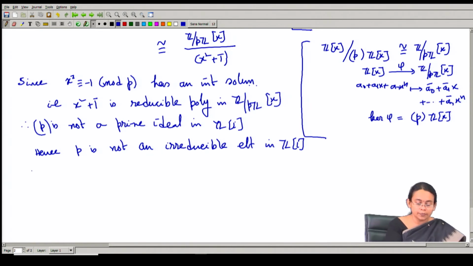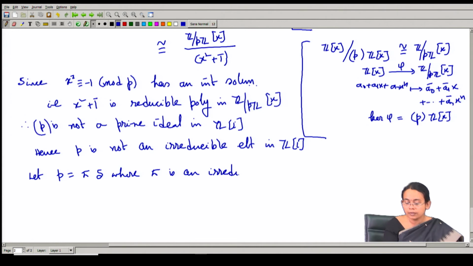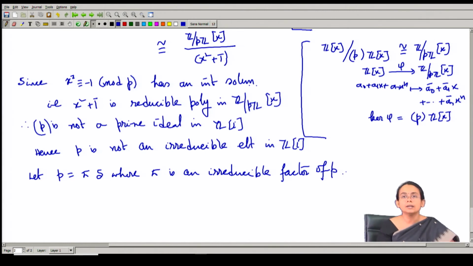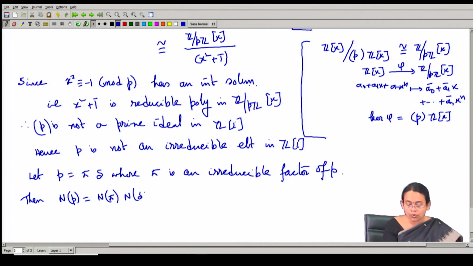So, if p is not irreducible, that means p can be written as a product of irreducible elements. So, let p be written as p equal to pi into delta, where pi is an irreducible factor of p. That means pi is a Gaussian prime. So, now I am able to write down p as pi into delta. Then if I apply the norm on both sides, then I will get that norm of p is nothing but norm of pi into norm of delta.